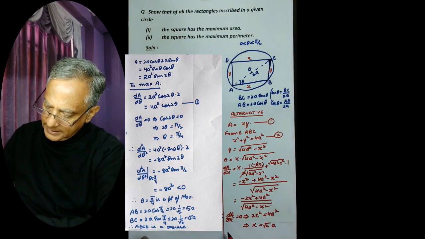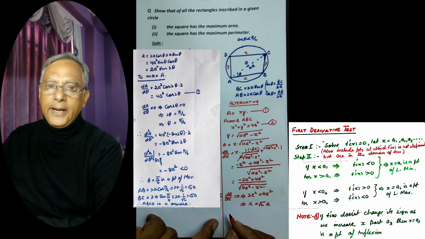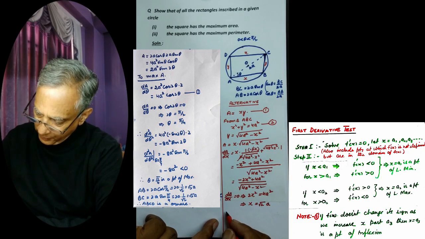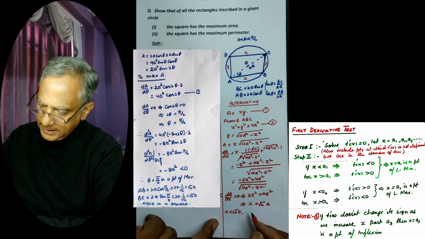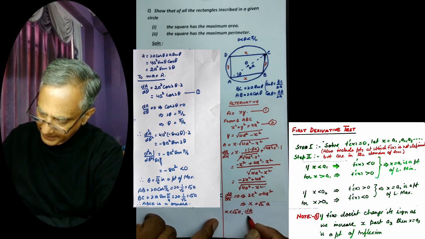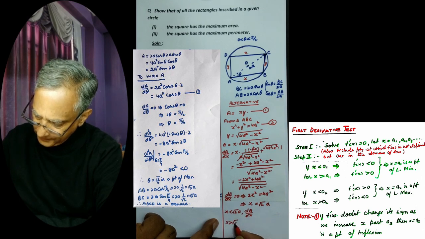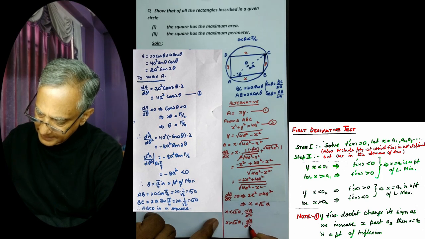And to prove that this is a point of maximum, we use the first derivative test. What we do is, for x less than root 2a, we find the sign of the first derivative dA by dx, and for x greater than root 2a, we again find the sign of dA by dx.